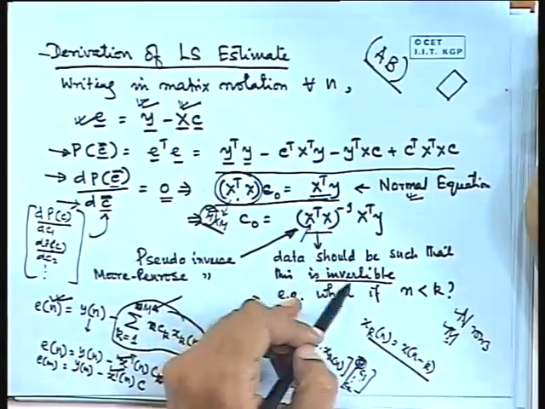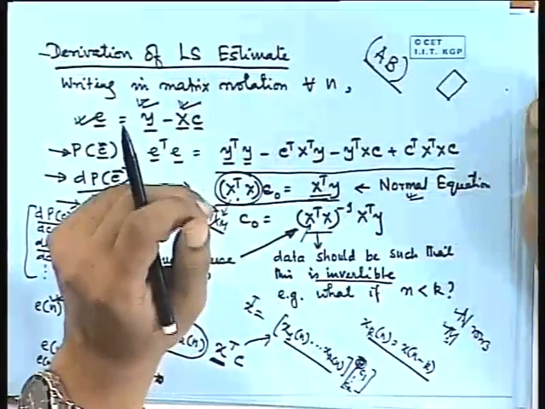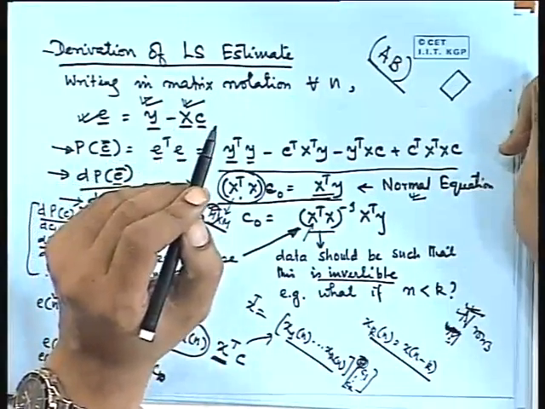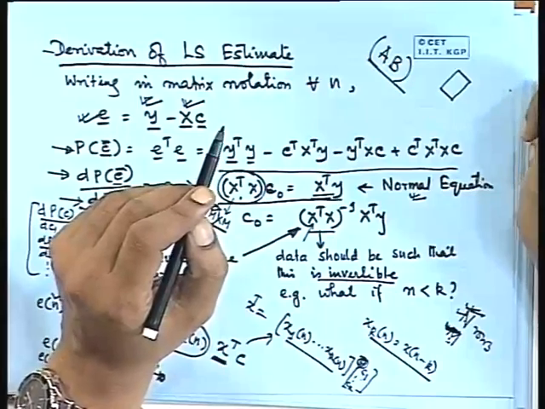And so if you have number of data points which are lower than the order of the filter, then obviously there is no unique solution. But it is not guaranteed that if you use more data points than M, this matrix is going to be invertible.